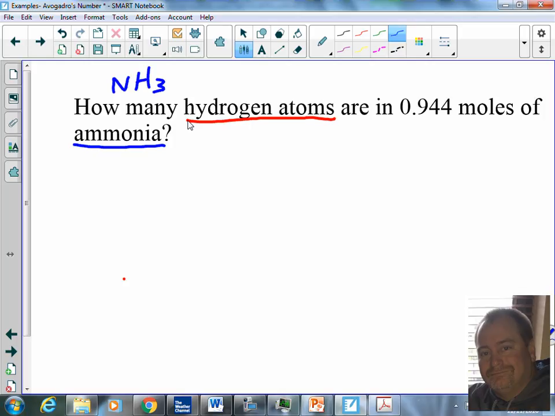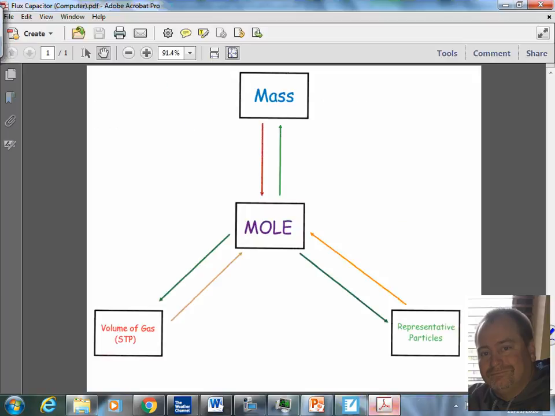Well, ammonia is a covalent bond, so what I'm going to do, if I look at my flux capacitor, is convert from moles to representative particles, which is going to be molecules of ammonia.